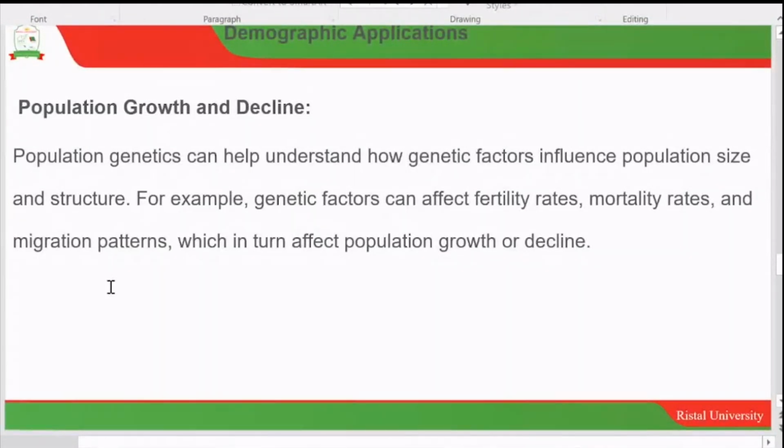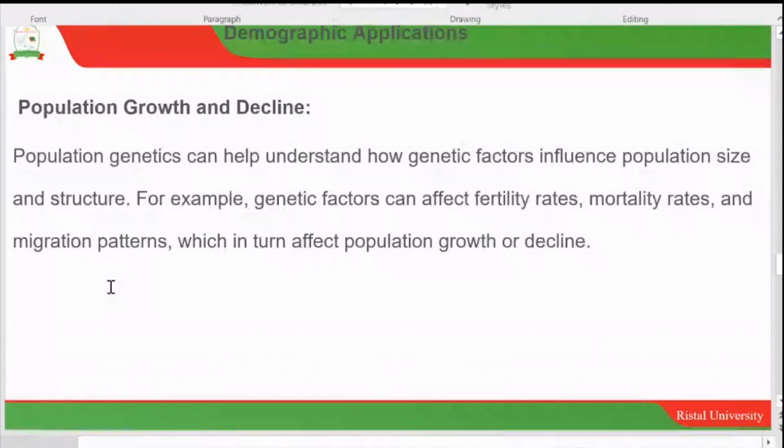But you also realize that it affects migration patterns. There are certain genetic makeups where individual traits force individuals to move to other places more often, or make them more chaotic, and in turn make migration their routine.